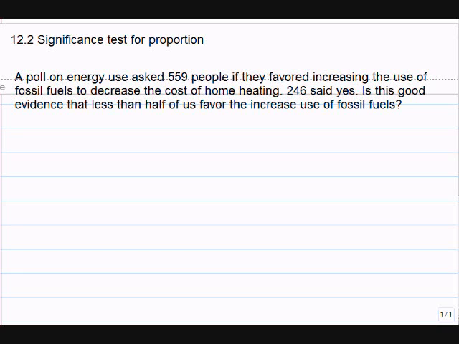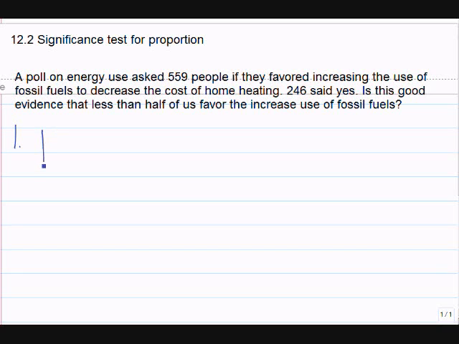Okay. Hi. So we'll do a 4-step test, and step 1 is going to be, since this is a significance test, we're going to name our parameter, and our parameter is not going to be mu.